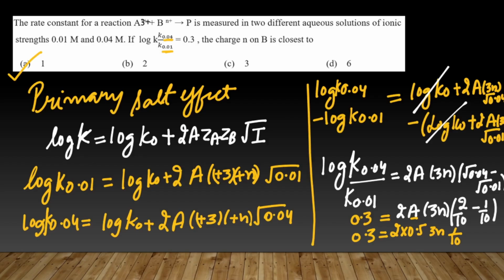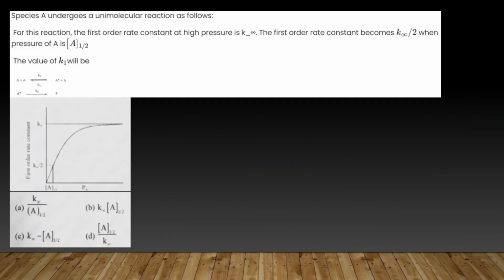Now moving on to the next question. It says the species A undergoes a unimolecular reaction. It follows as follows. For this reaction, the first order rate constant at high pressure is K infinity.